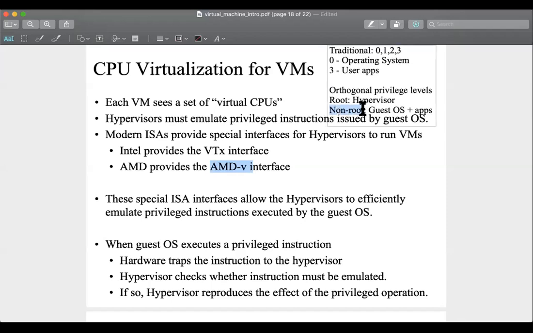So the process which was originally in root mode will now become a non-root mode process. Whenever the process is running inside the guest OS, inside the VM mode, it will be in non-root mode, and those 4 threads in that process would now look like 4 virtual CPUs. And if any of those threads block, then only that thread blocks, and the other threads continue to execute.